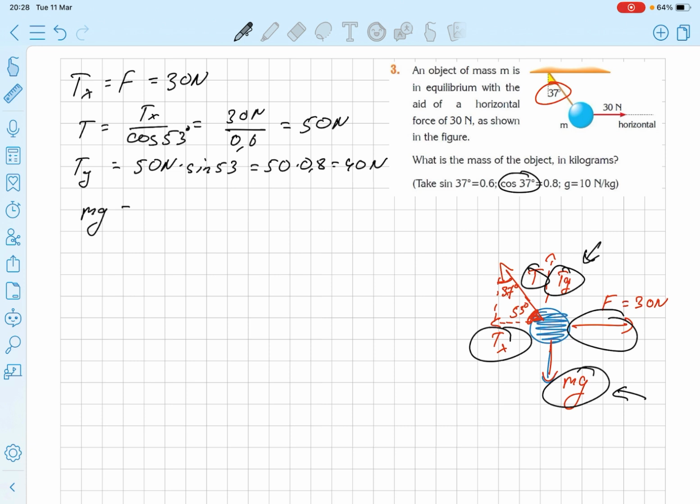So mg is equal to tension by Y, which is equal to 40. And if we say that the gravitational constant is 10, that means the mass will be equal to 40 newtons over 10 newtons per kilogram. So it will be 4 kilograms of mass.